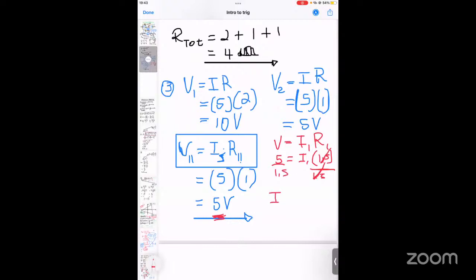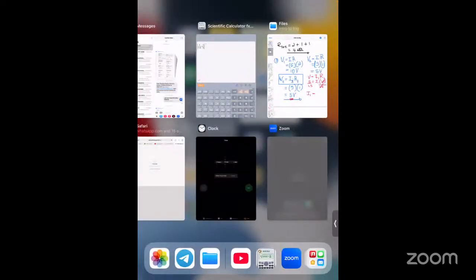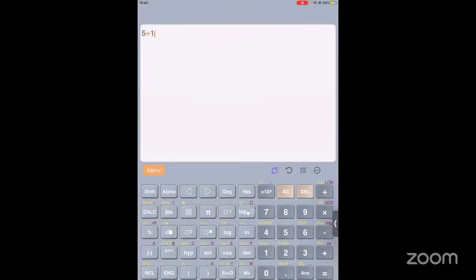What I know is that 1.5 is the same as 3 over 2. So on that side you have 3 over 2, then it's 10 divided by 3. Okay, let me just do it like that: 5 divided by 1.5 is 3.33.